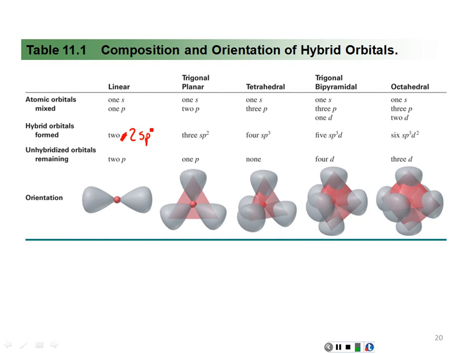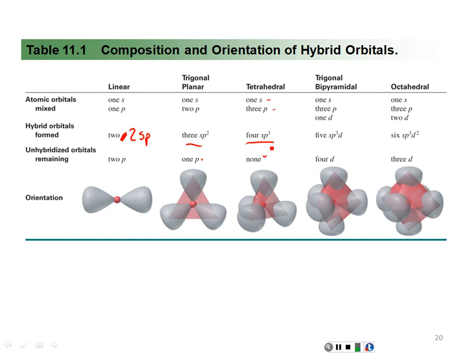Again, if you have trigonal planar geometry, you need 1s, 2p, that makes 3 sp2 orbitals, and there's 1 unhybridized p orbital remaining. For tetrahedral, you have 1s, 3p. What does that make? That makes 4 equal sp3 orbitals. And you have no unhybridized orbitals remaining.